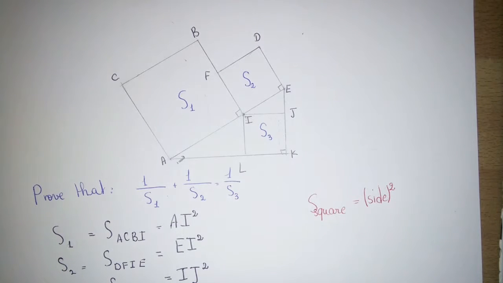So the problem of 1 over areas has now become: prove that 1 over IJ squared equals 1 over AI squared plus 1 over EI squared.